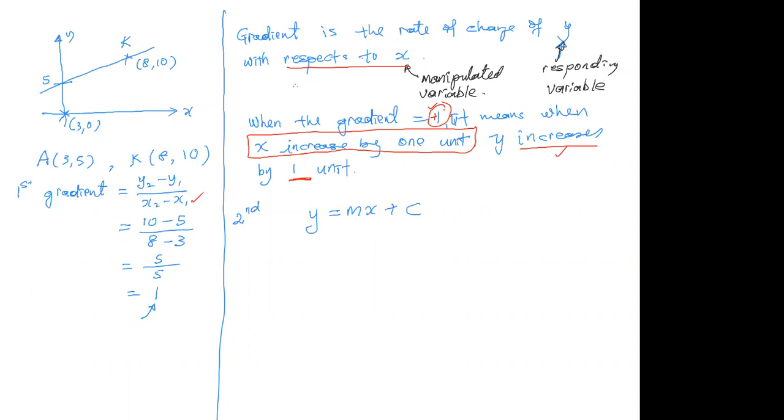Okay, so now I have this y equals mx plus c. I also have a point that lies on the straight line. It's up to me whether I choose (3, 5) or (8, 10). So I choose (3, 5). This means these are particular values of x and y, so I can put them into the equation together with my gradient.